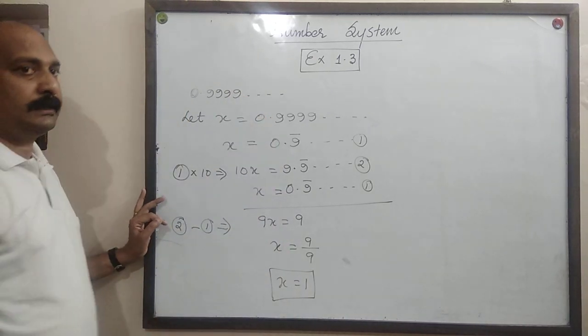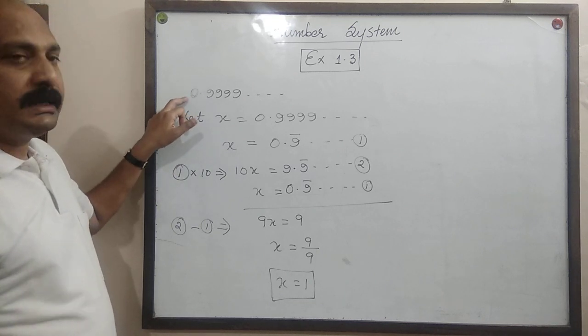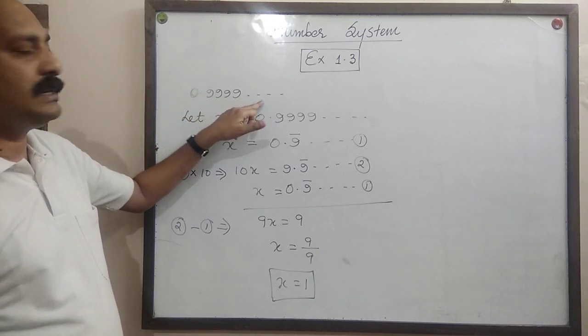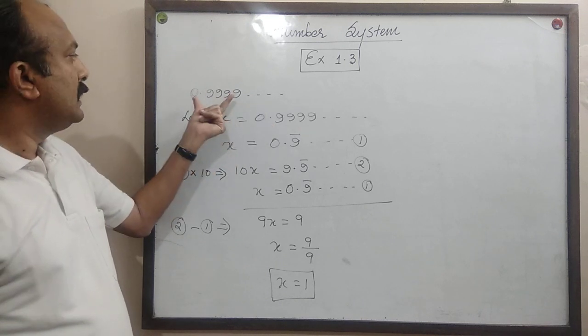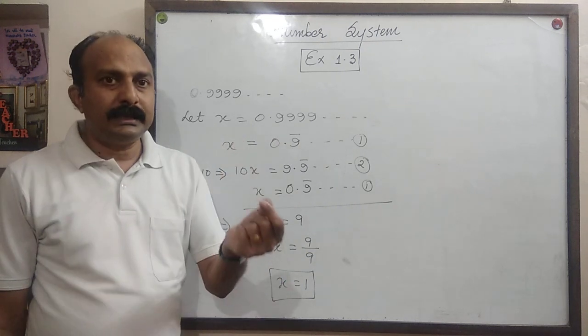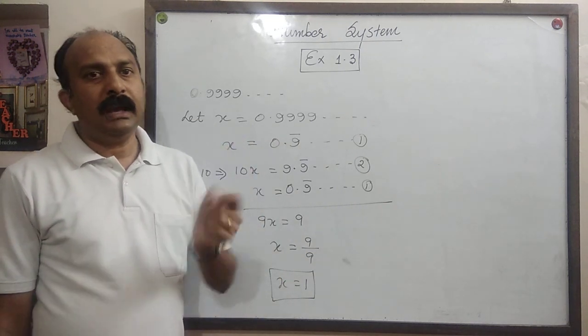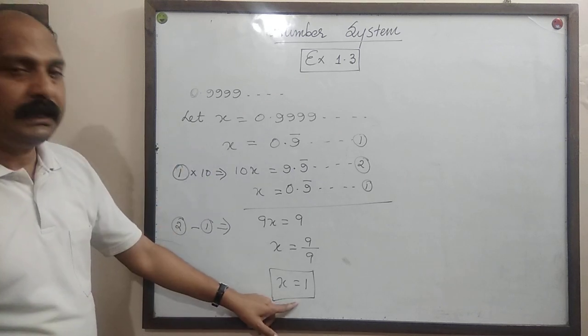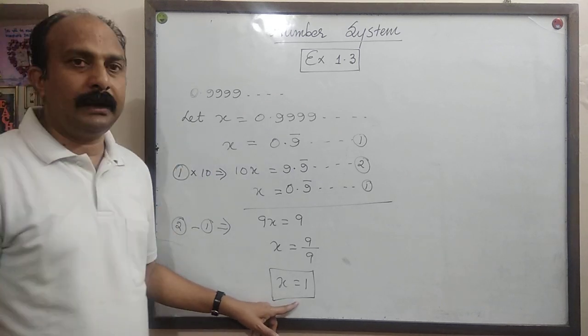Now see the answer. Our question was 0.9999 dash dash, and all of you know 0.9999 dash dash is less than 1, a little less than 1. But here we get the answer x is equal to 1.